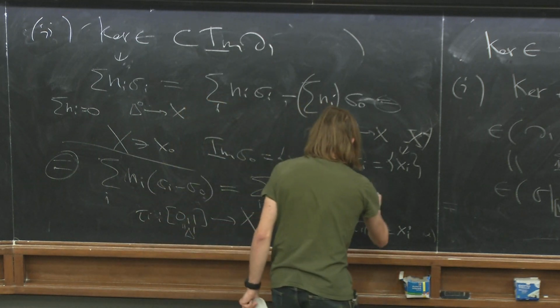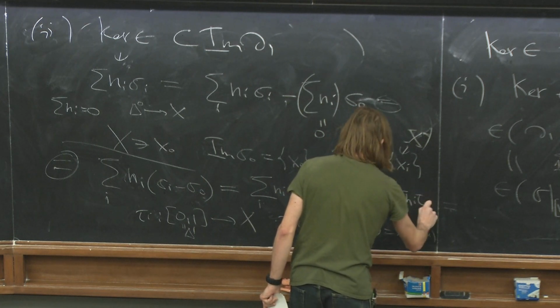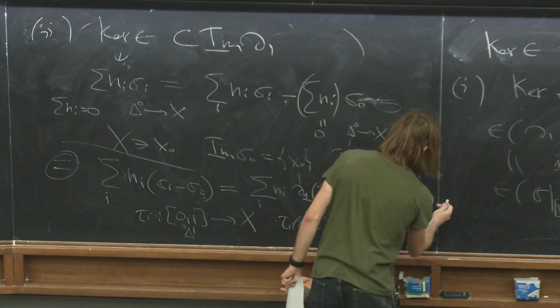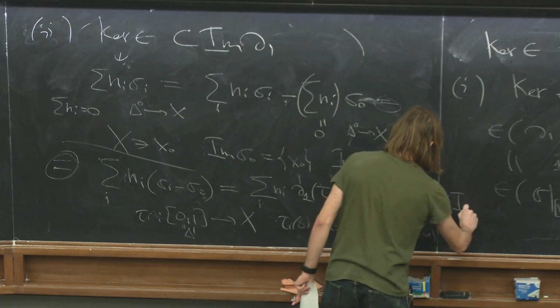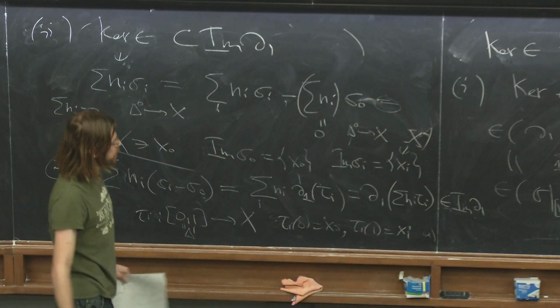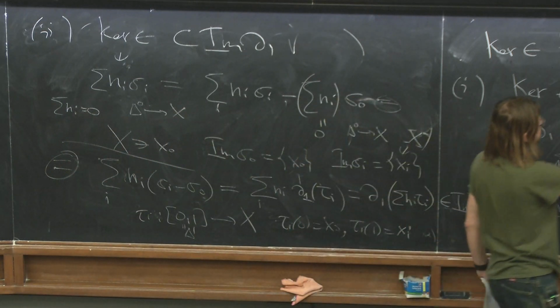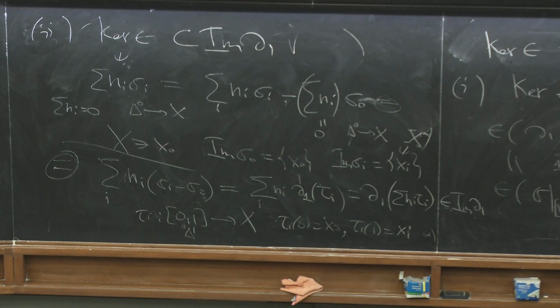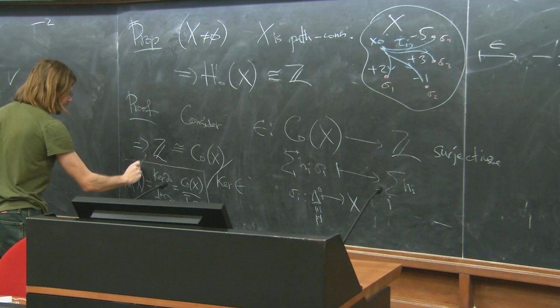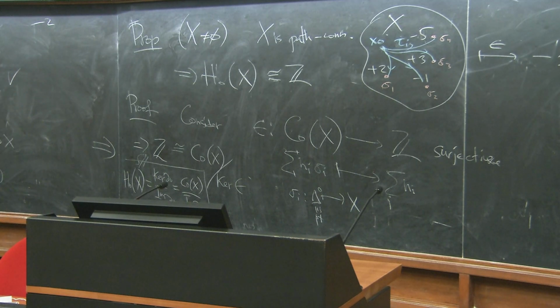And then this is D1 of the sum of ni ti, and this is indeed in the image of D1. So we showed the inclusion the other way. So this is done, and therefore these are indeed isomorphic.